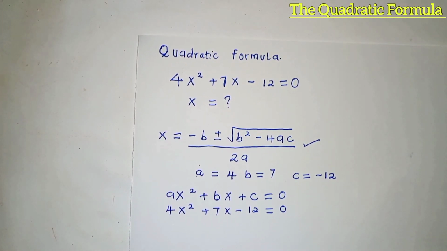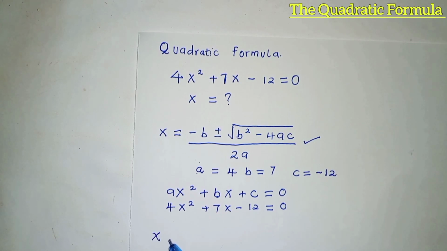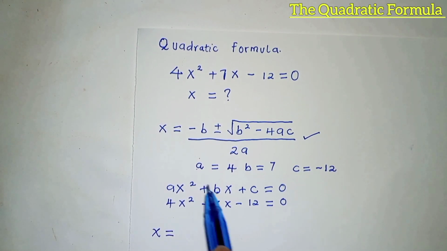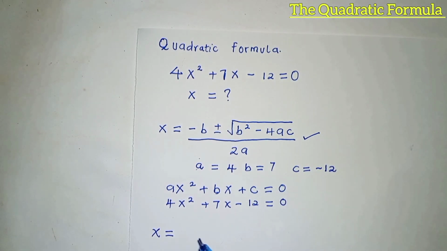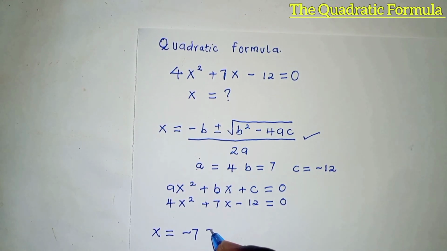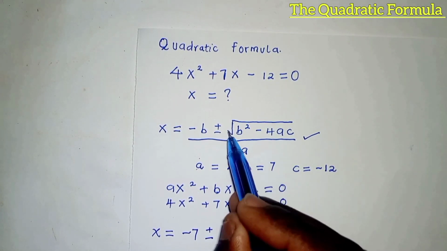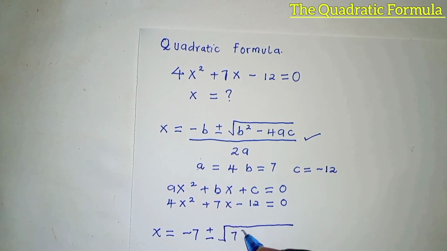So with the values of a, b, and c, it becomes simple for you to do the substitution in this formula. The formula tells us that the value of x is the negative of b. Our b is 7, so the negative of 7 is negative 7. Then plus or minus the square root of b squared. Our b is 7, that means 7 squared.